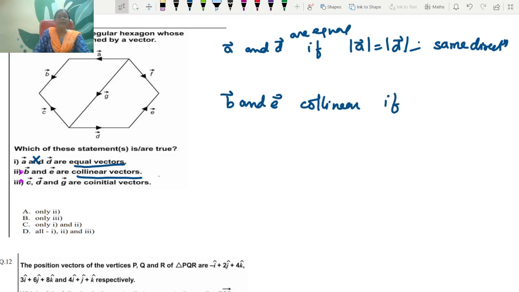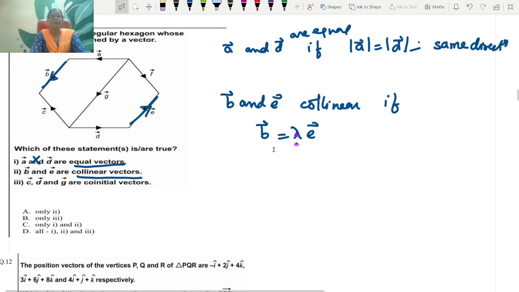If they are parallel, or you can represent B as lambda times E. Any vector B and E are parallel to each other. This is the vector B, this is the vector E. So they are parallel. Direction may not be the same, but they are parallel vectors. So therefore, they are collinear. So this is one correct statement we got.